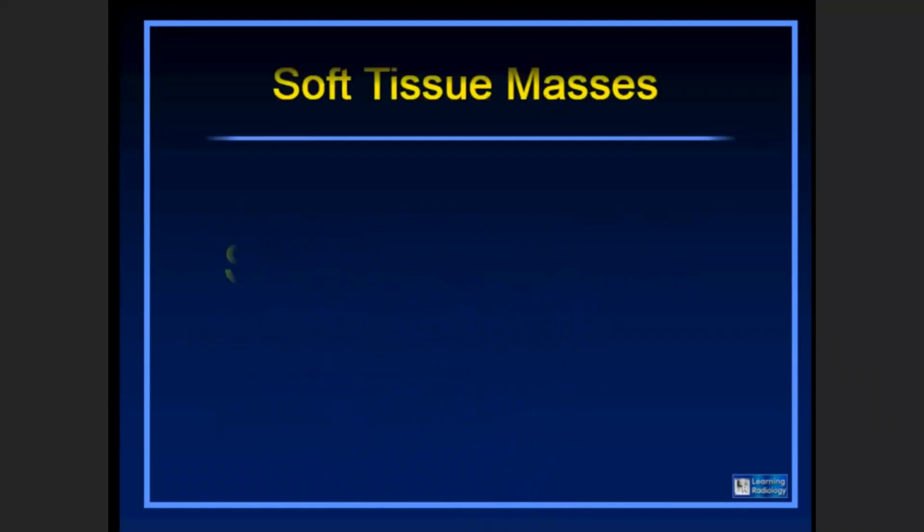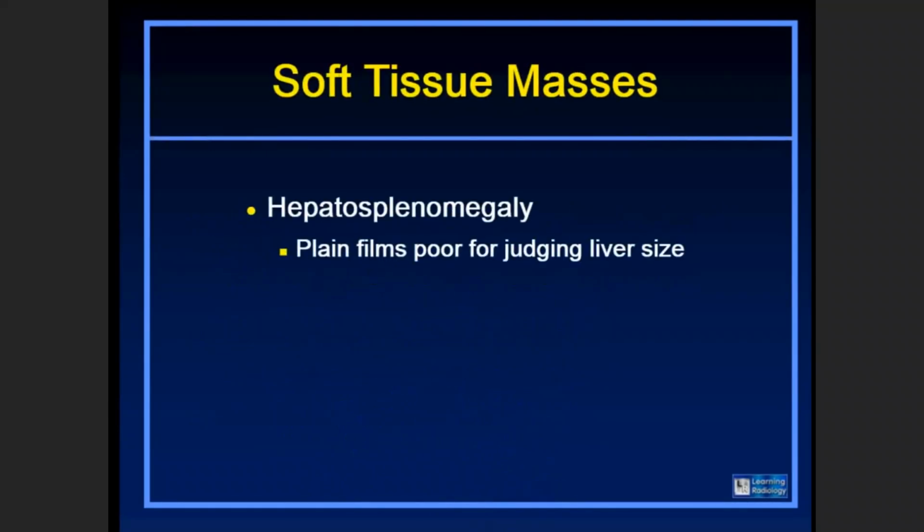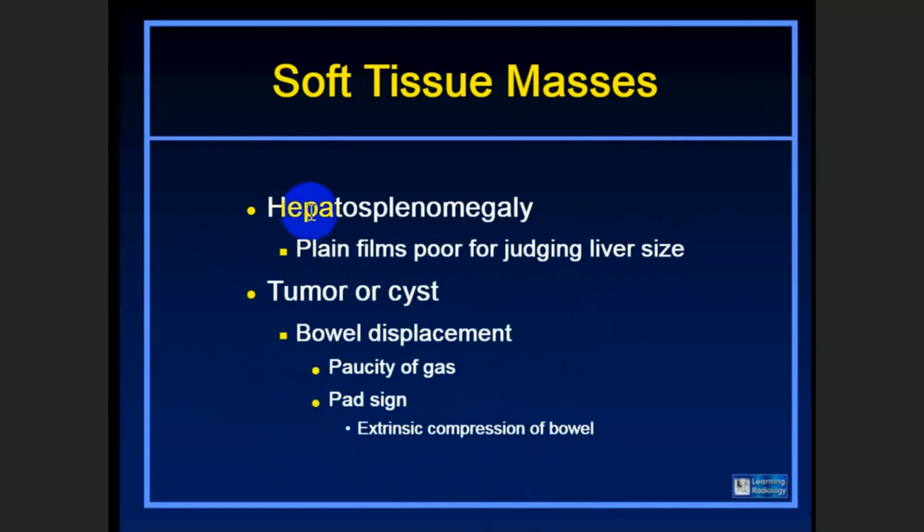Moving to soft tissue masses, we have hepatosplenomegaly, where we can see a large liver shadow and spleen shadow. Hepatosplenomegaly can appear on plain film, but it is poor for judging liver size.